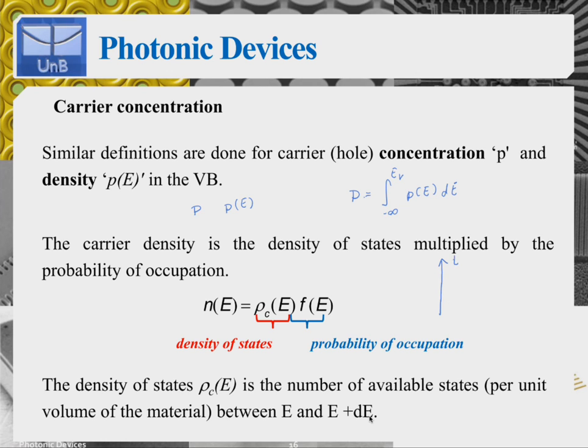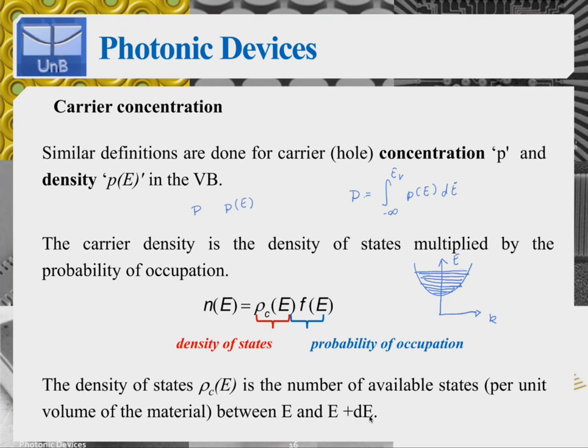Let's say we're talking about the conduction band. You're going to have a certain amount of states per unit energy along the conduction band and the valence band as well.